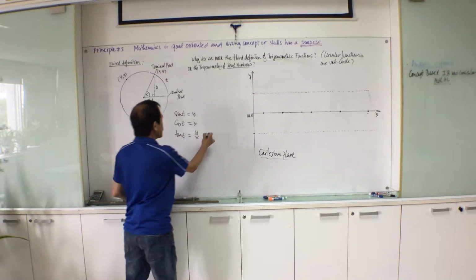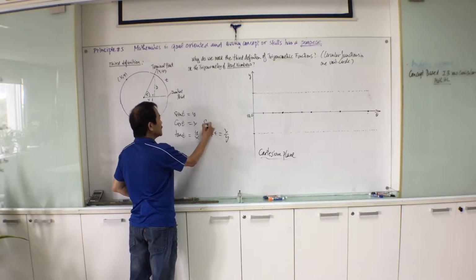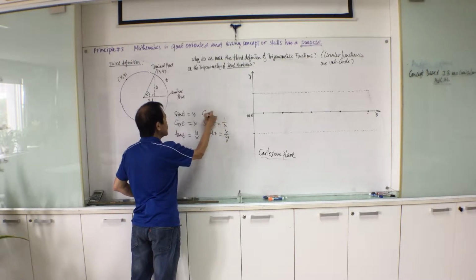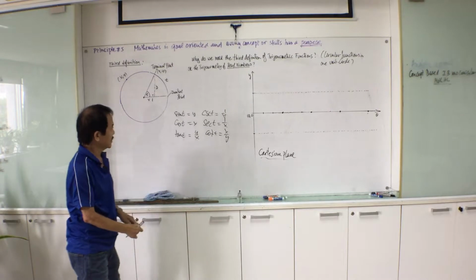And so on, we have cotangent of t equals x over y, secant of t equals 1 over x, and cosecant of t equals 1 over y. So we have 6 functions.